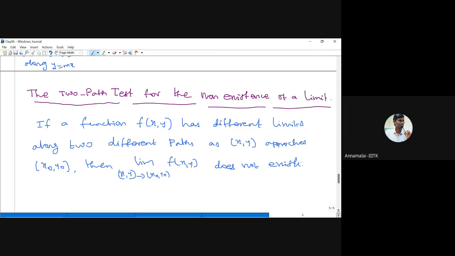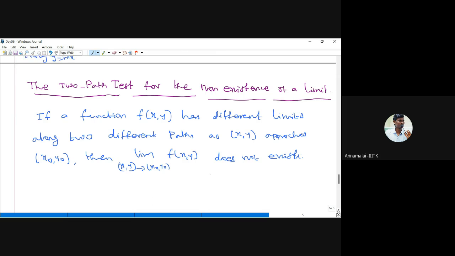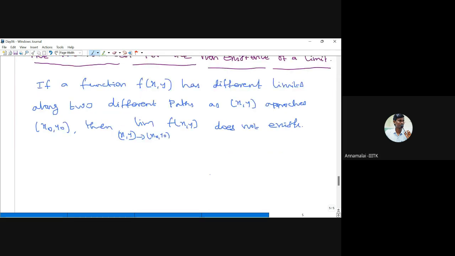Now we discuss some examples. You have to consider two different paths and prove that they give two different limits. Therefore, the limit is not unique. Therefore, the limit does not exist.